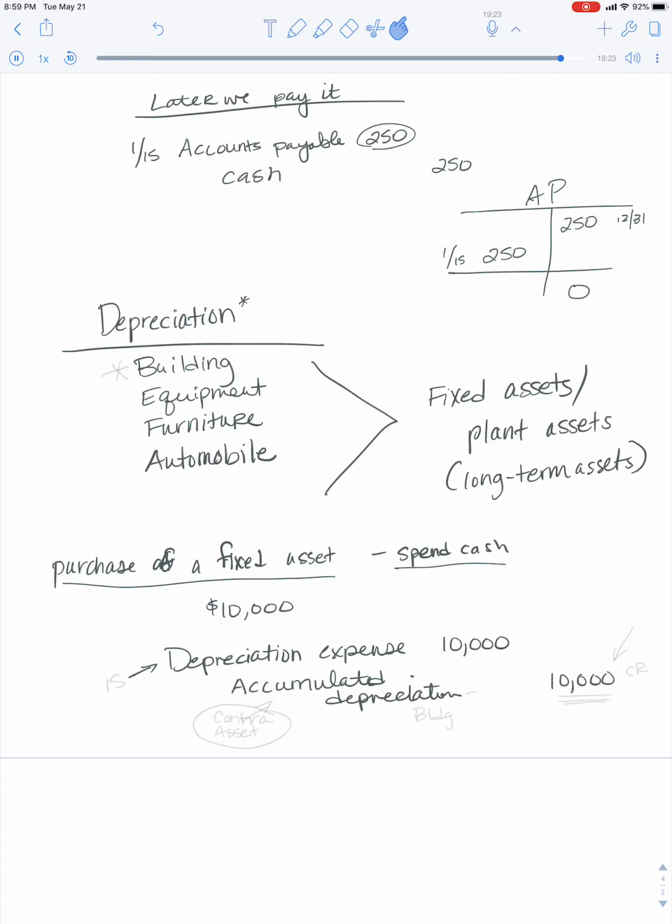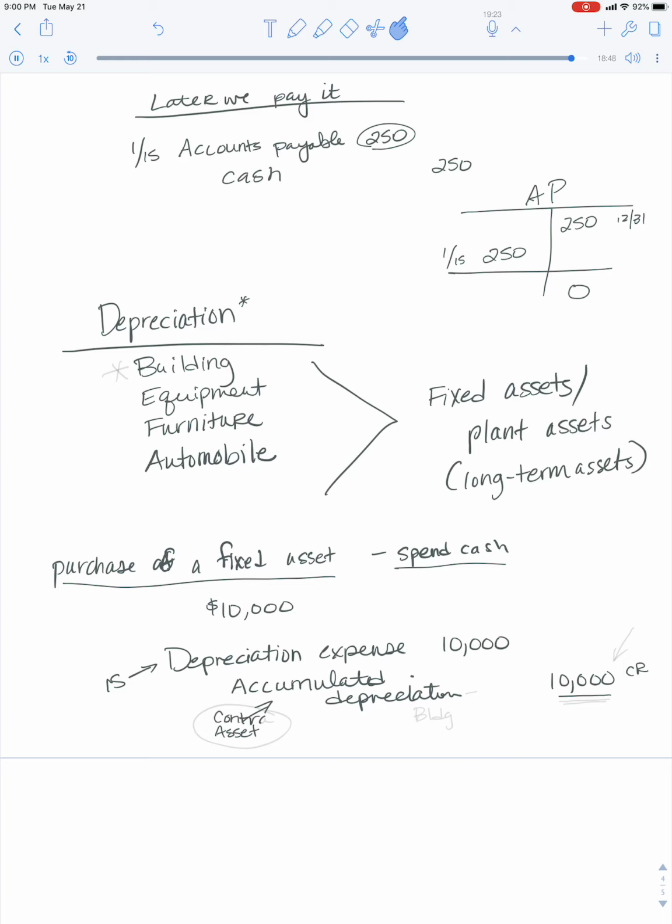So what's unique about this account is this is an asset, accumulated depreciation, but it holds a credit balance. So an asset is normally a debit, but in the case of accumulated depreciation, it's going to be a credit. So that's these kind of unusual assets we call contra assets. Contra assets complement another asset.